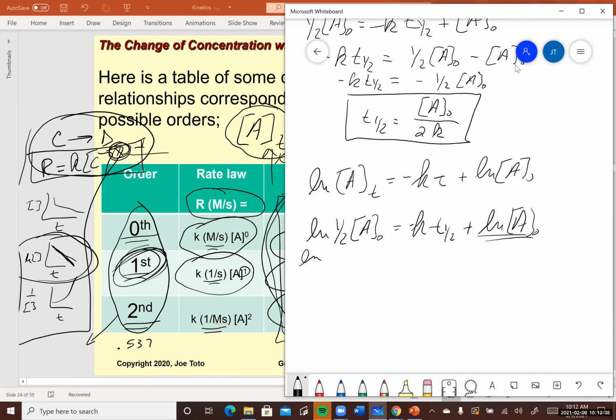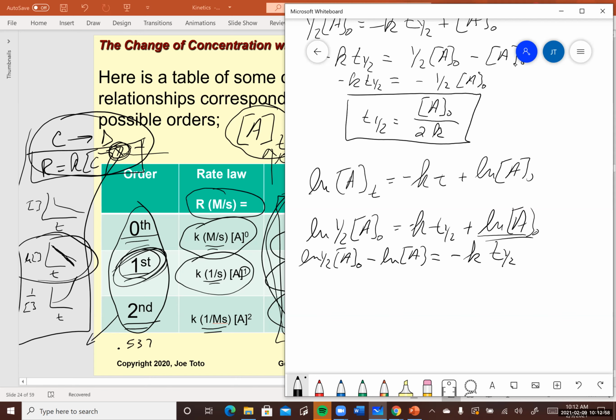So I get ln 1/2 A0 minus ln A0 equals minus KT 1/2. And then I know that when I take the log of something minus the log of something else, one of the laws of logs says I can put that in a ratio.